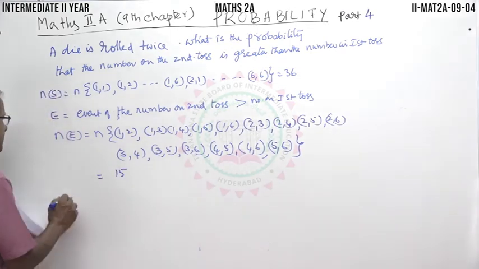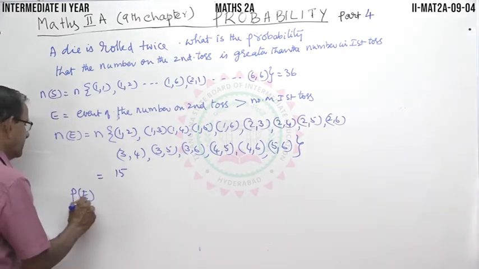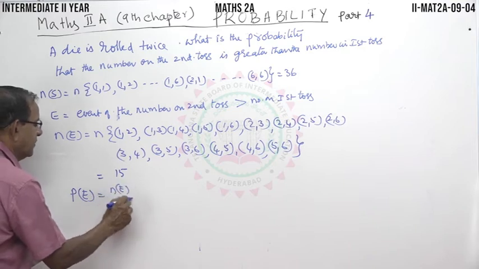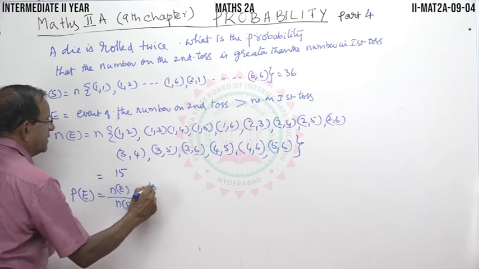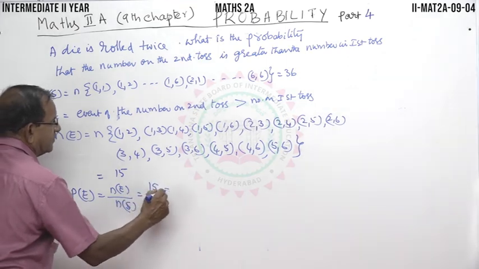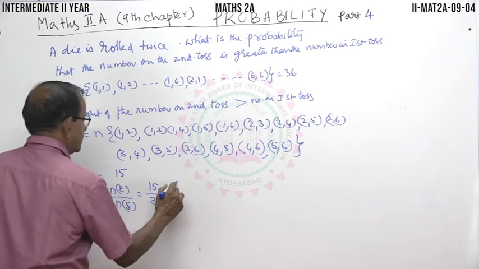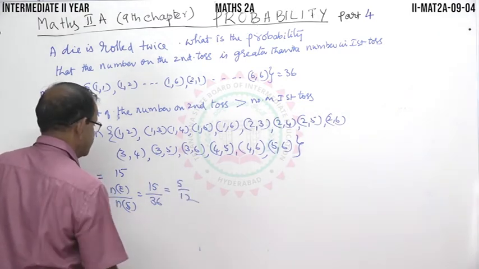So the probability for E, P of E is equal to N of E by N of S, that is equal to 15 by 36. We can cancel 3. That is 5 by 12.